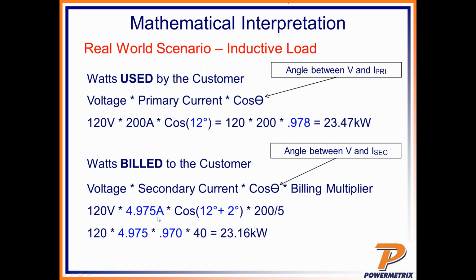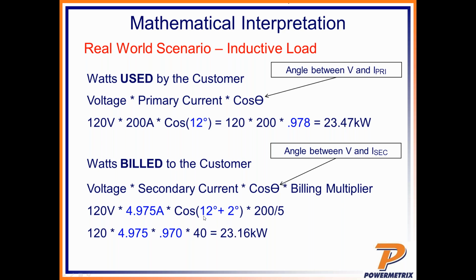This is still within spec of a CT. So we're at 4.975. And then maybe we have a 2 degree phase error that the CT is putting out, which isn't a lot. That's just a couple degrees. And that math comes out to 23.16 kW. So you're talking 1.5%, something like that. I mean, these things can add up pretty quick.